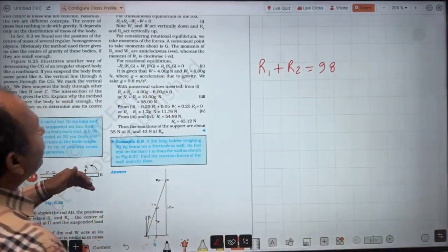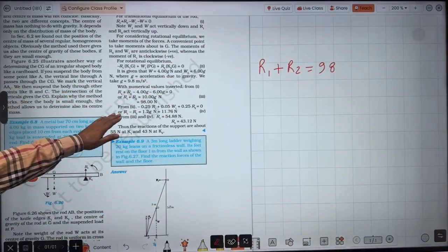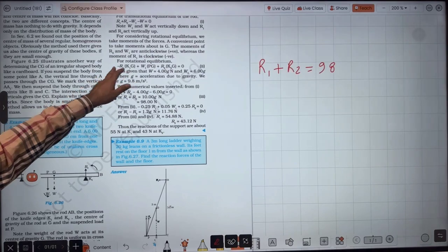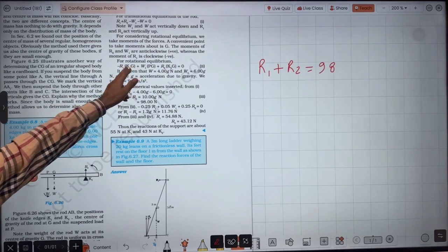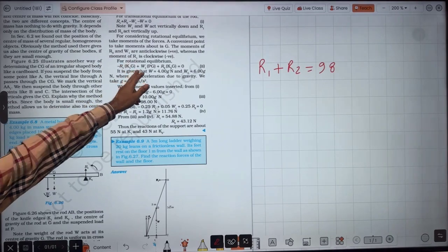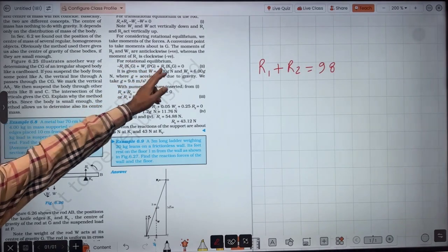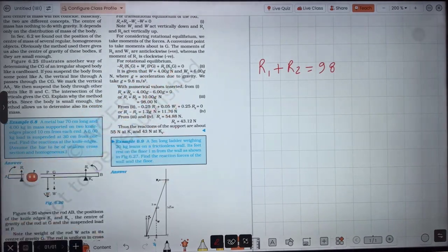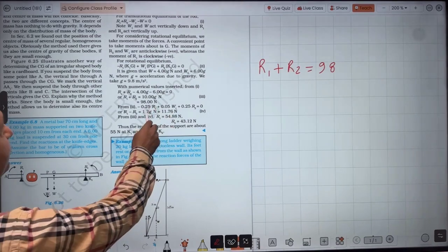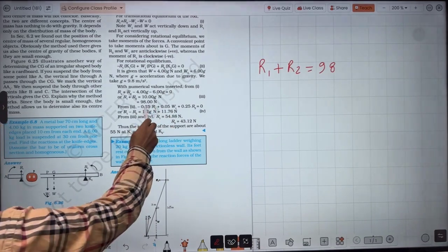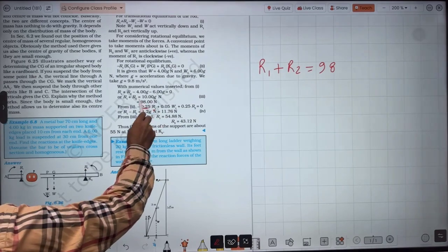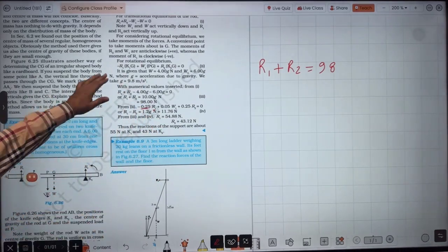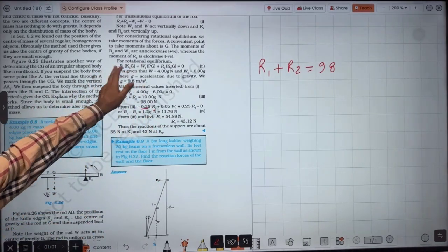So after that, we can consider the second equation also, where we have written the normal reactions and the distances. Distances we have already written there. So here weights and then distance. Then we can put the values. After putting the values here, we need R1, which is unknown, and the distance is here: minus R1 times K1G.